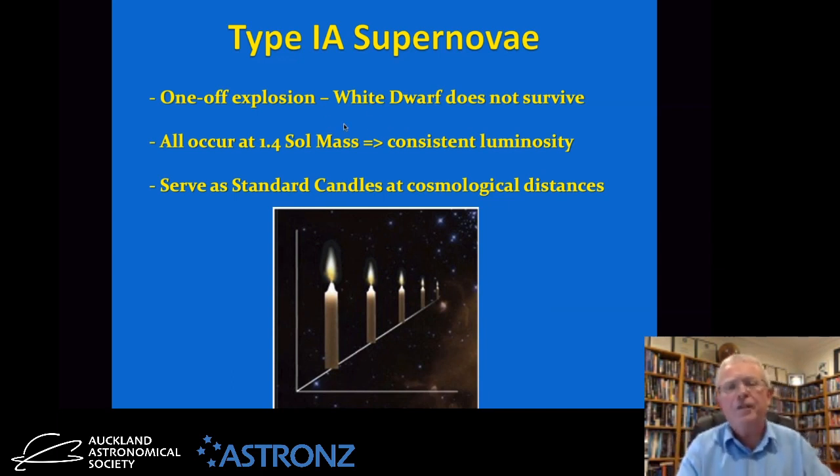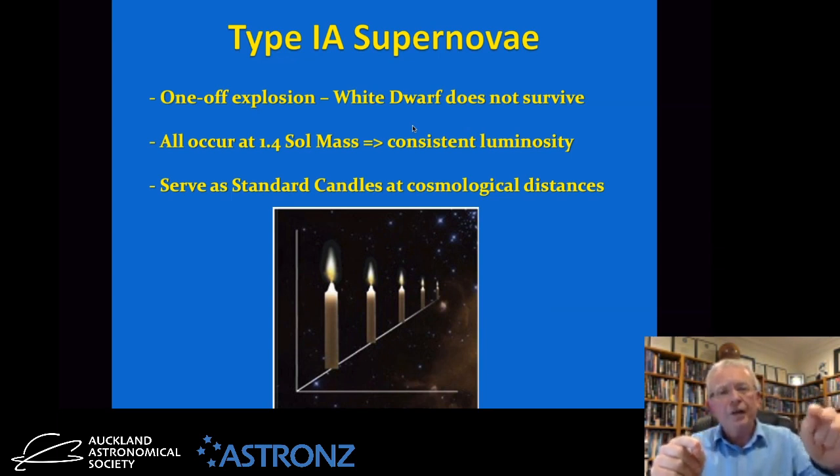And it is because of this, they use them as what they call standard candles for measuring cosmological distances, or distances to faraway galaxies. You might say, how do they do that? Well, it comes down to the principle: if you see a bright light and you can measure how bright it looks from where you are, and you actually know how bright it really is, because you know that it was a white dwarf of 1.4 solar masses, you can very quickly and easily estimate the distance between the two.